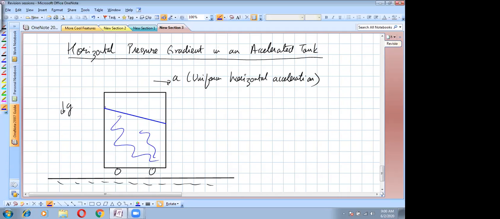Such that theta becomes tan inverse of a by g.